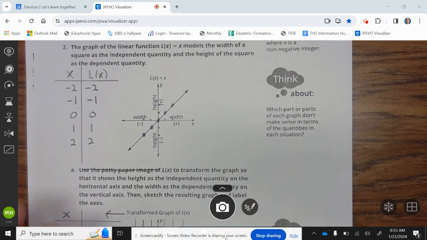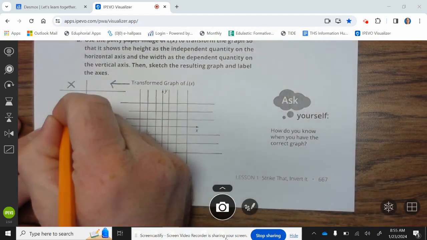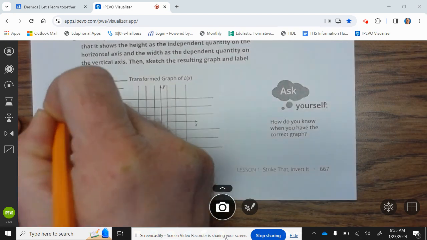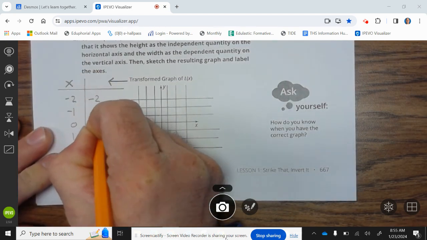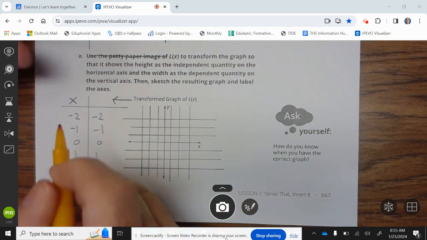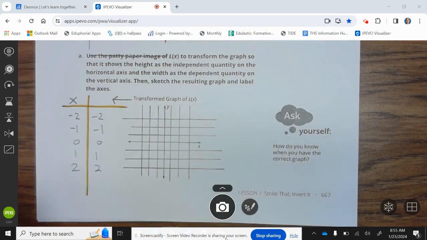So we're going to switch the x and y. So then this is -2, -1, 0, 1, 2, and -2, -1, 0, 1, 2. All right, let's go ahead and graph that.